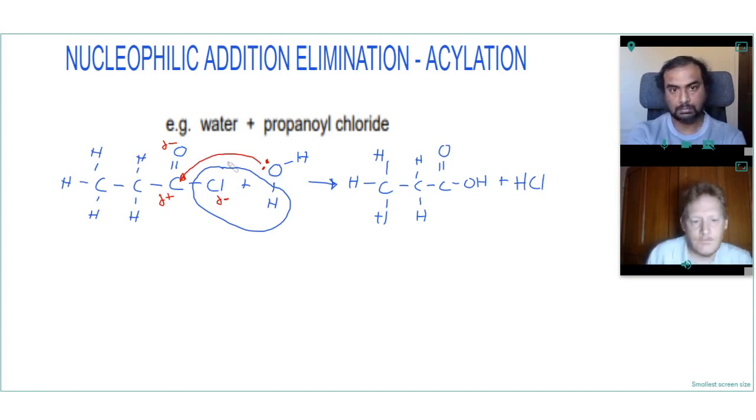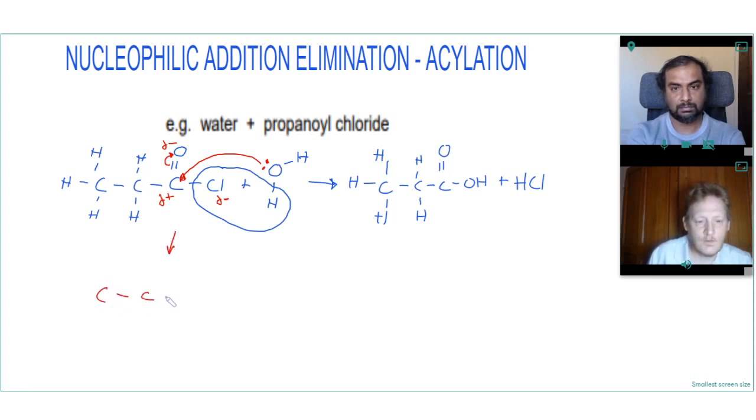Now, we know carbon can't have 5 bonds. So what happens is the oxygen takes the pair of electrons from the double bond. So carbon goes back to having 4 bonds.